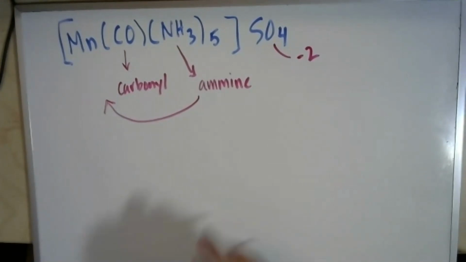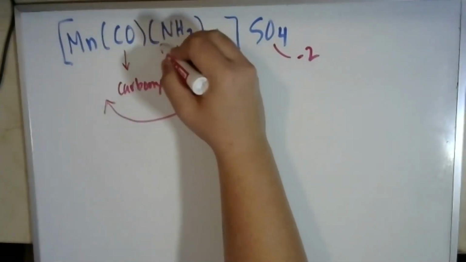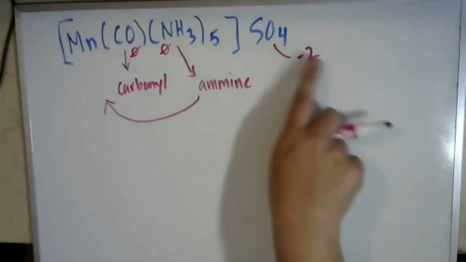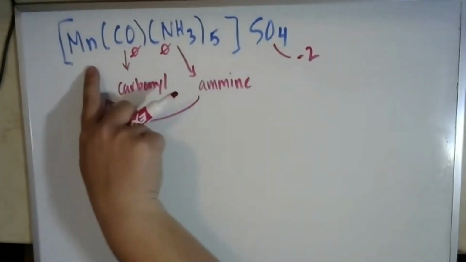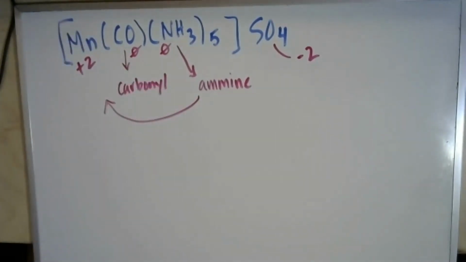Then you have to ask yourself, do any of my ligands have a charge? In this case, they don't. Both of these ligands have a 0 charge. They're neutral, so we could put little zeros here. So if my sulfate has a -2 charge, then my manganese has a +2 charge. So that's going to be manganese(II).